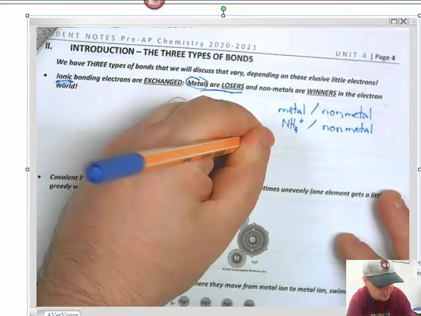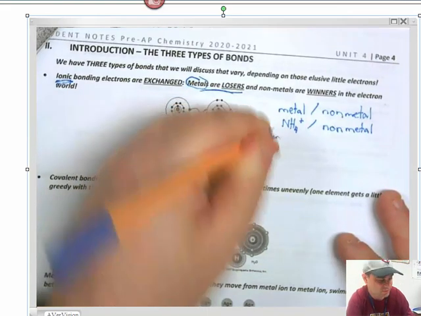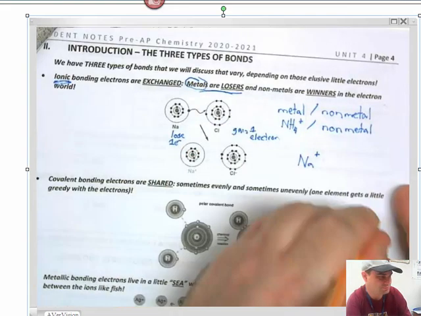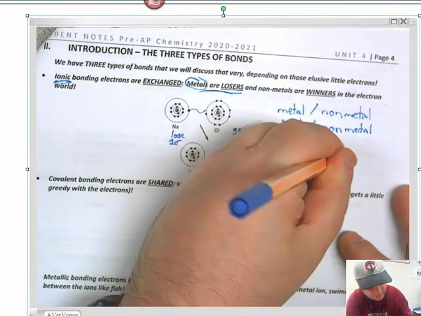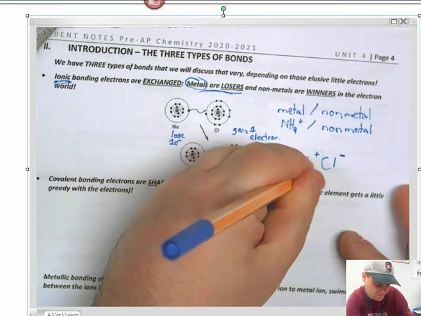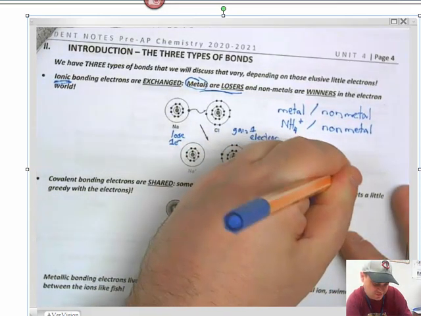Notice that they lose and gain the same amount of electrons, ending up with an Na with a plus charge and a Cl with a minus charge. You end up with a cation and an anion.